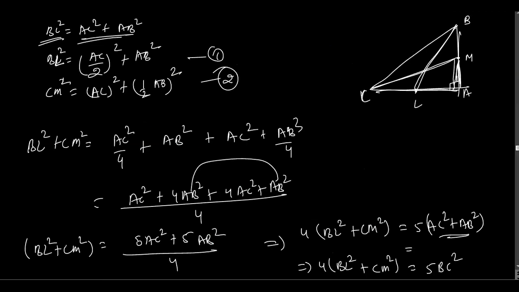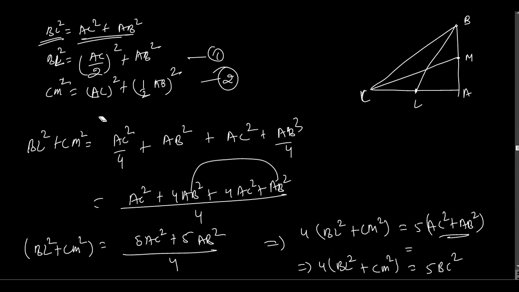So in this question, it is given that we have this triangle, which is a right angle triangle. Okay.